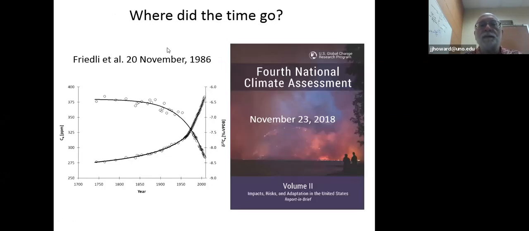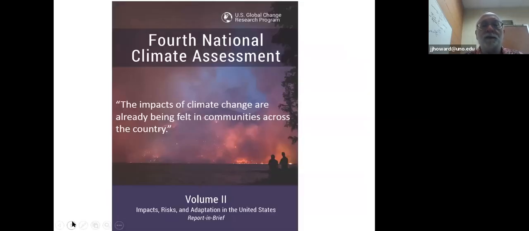So here is the fourth National Climate Assessment. And it came somewhat after the paper that demonstrated that humans were responsible for climate change. Okay, 32 years later. Well, here's what the climate assessment has to say. The impacts of climate change are already being felt.